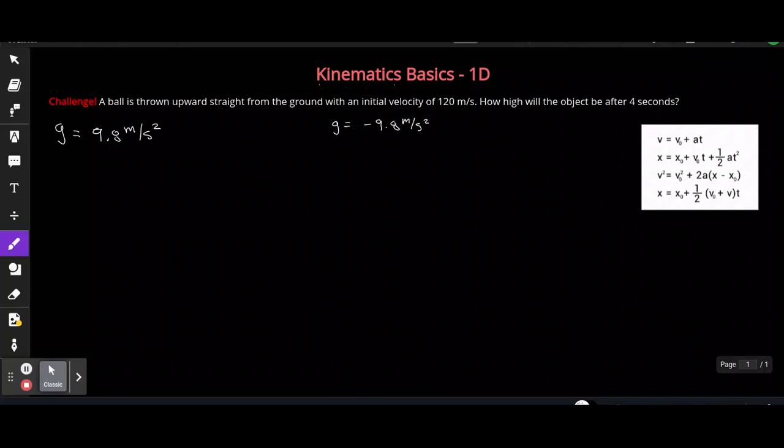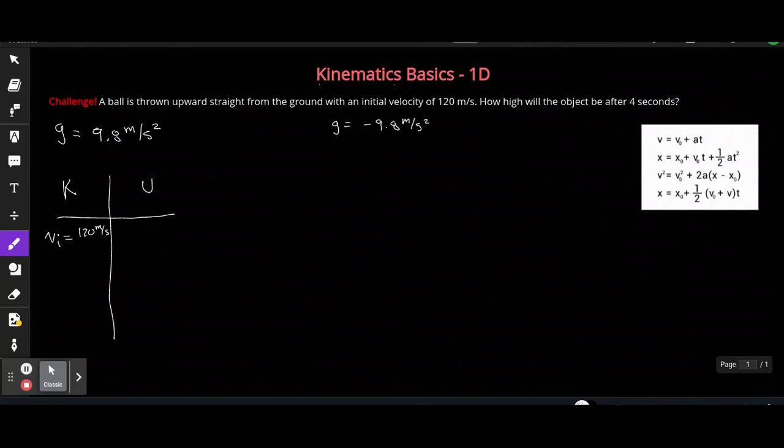So for this question, it says that a ball is thrown straight upward from the ground with an initial velocity of 120 meters per second. How high will the object be after 4 seconds? Using our known and unknown chart again, we know that our initial velocity is positive 120 meters per second.